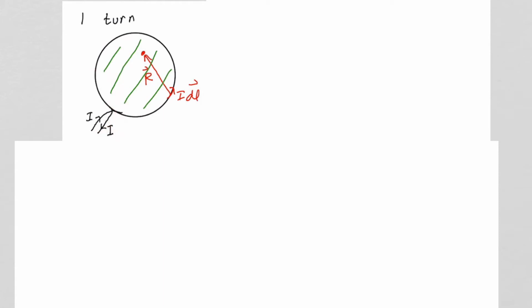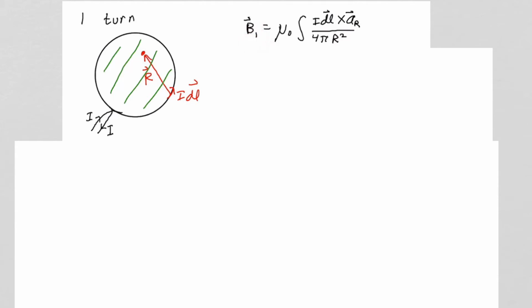And let's think of a current element, I dL, and we will use the Biot-Savart Law to determine the magnetic flux density field at some point here inside our coil. I will use the subscript 1 on our magnetic flux density field to indicate we're finding the magnetic flux density field for our one-turn coil.